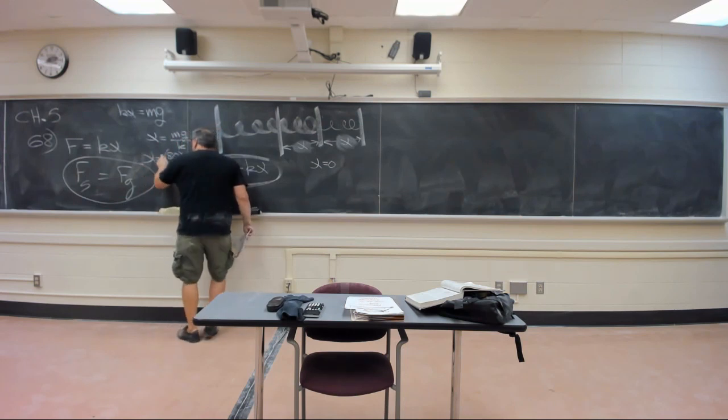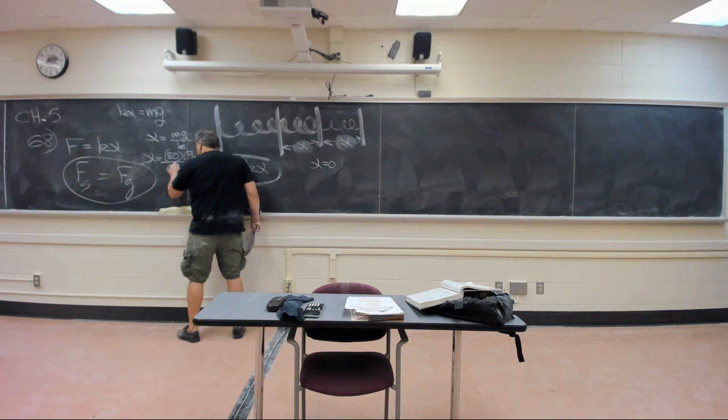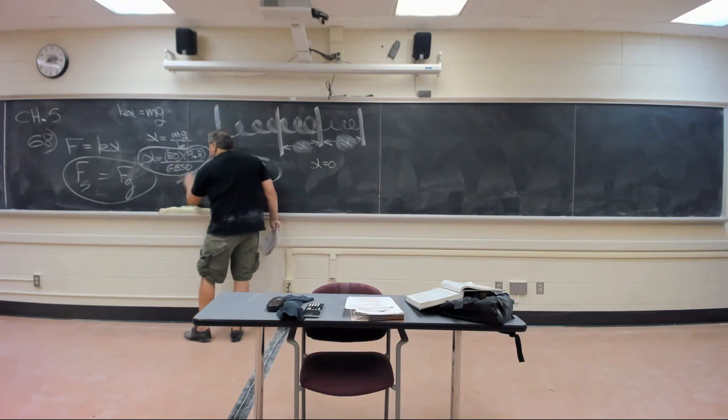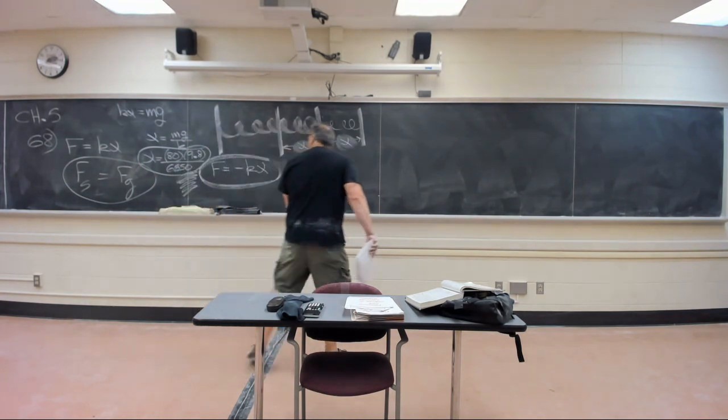80 kilogram boulder, 9.8 right here. K is 6,850 newtons per meter. Make sure all the units are right, guys. What is that?